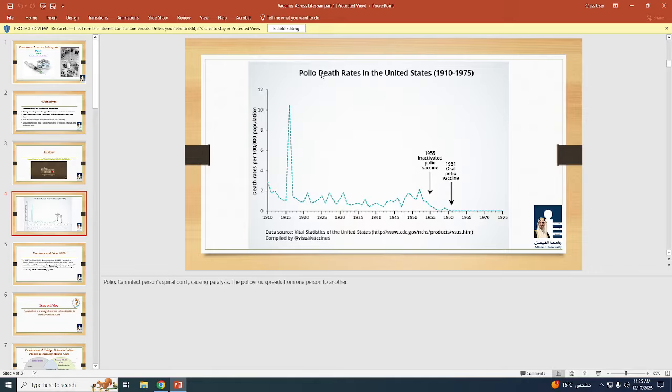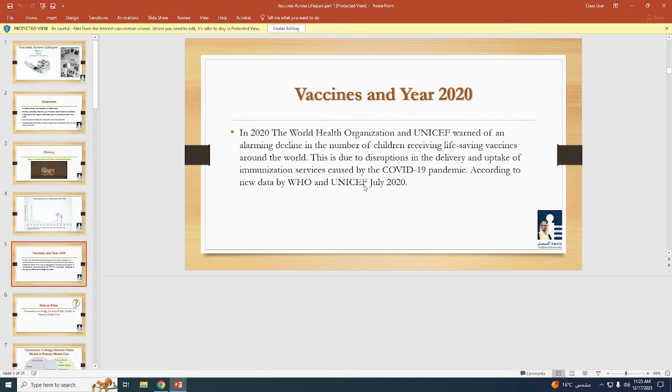After having the vaccine, we have reduced numbers of the illness caused by the infection that the vaccine protects against. What happened in 2020? Vaccines in year 2020, you know that there was a decline in the number of children receiving life-saving vaccines. This is because of the disruptions in the delivery system.